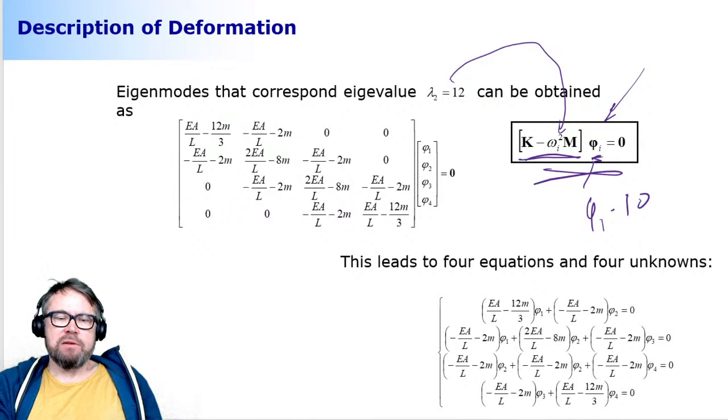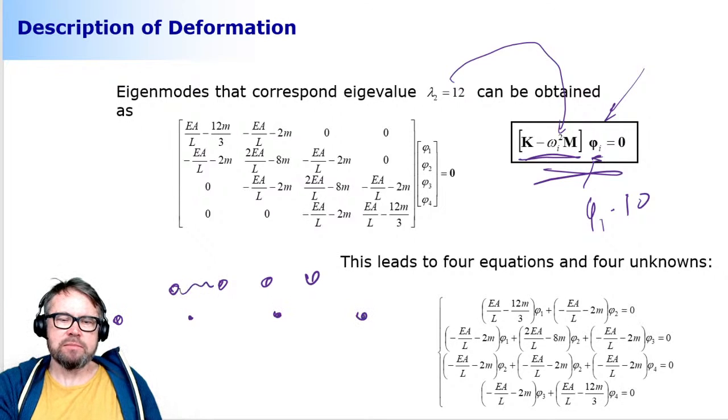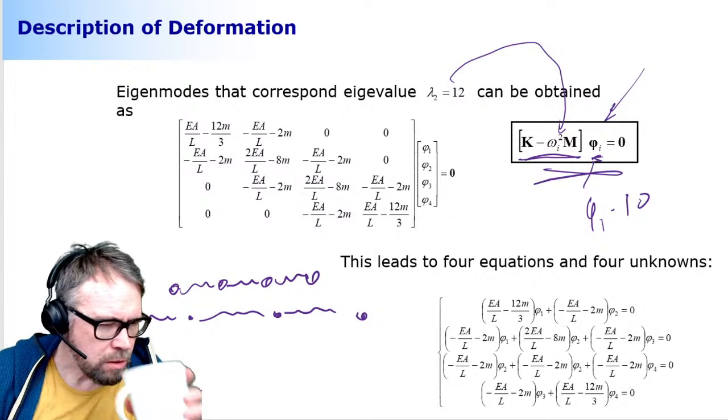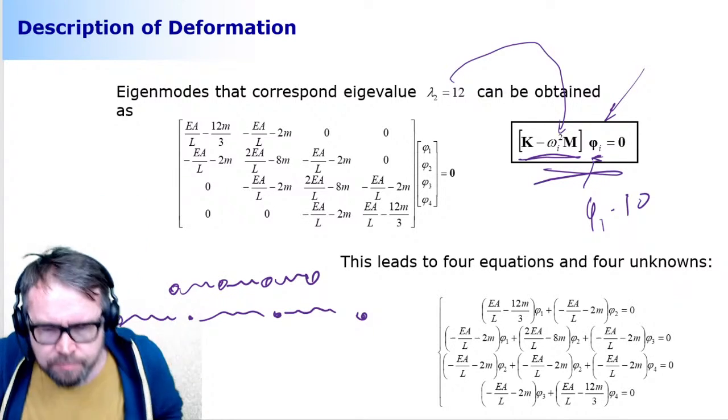So let's say the structure is originally like this. The first deformation mode is probably going to be something like this. It's getting longer and shorter, like shown here.